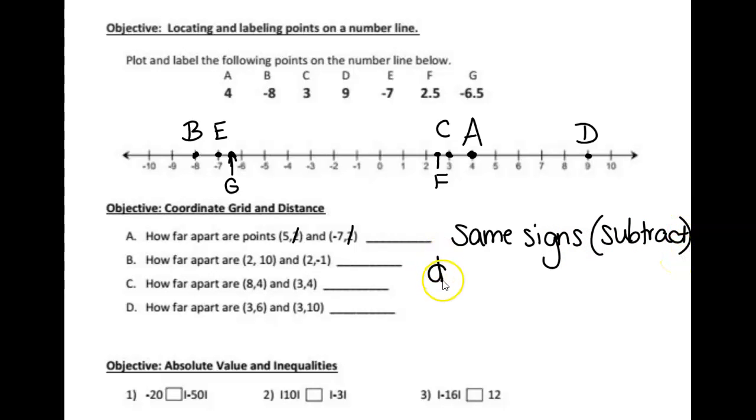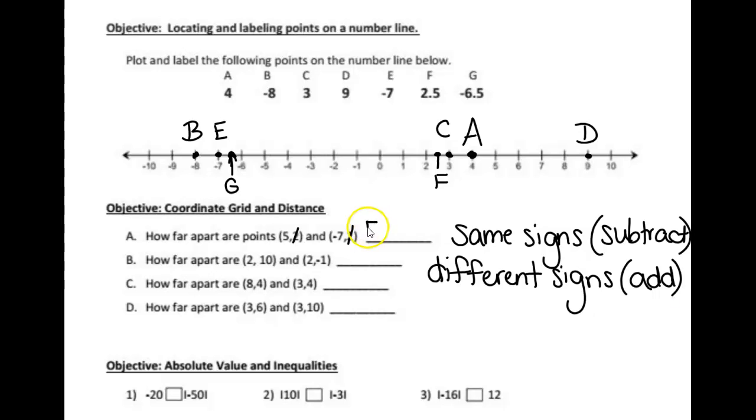And when we have different signs left, we will add. Since 5 and -7 are different signs, we are going to add 5 plus 7, which equals 12.